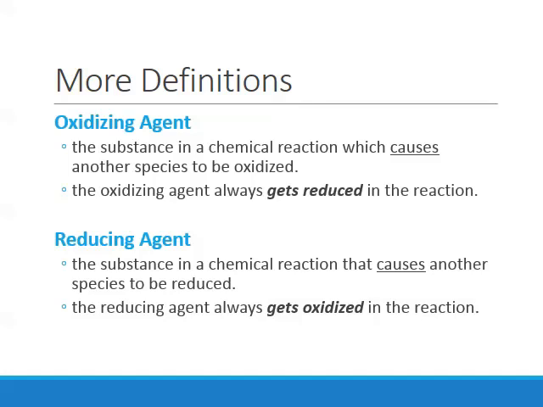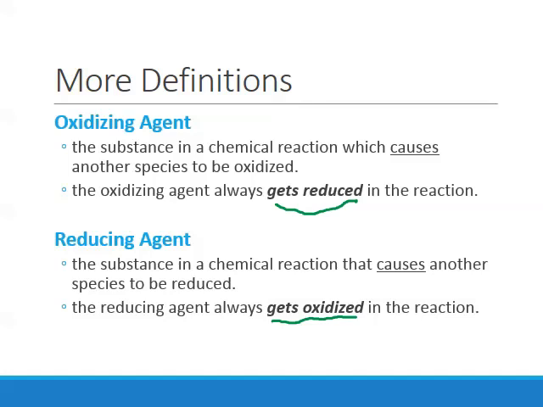Now, a simple way to identify the oxidizing agent is the idea that the oxidizing agent is what gets reduced. So within the reaction, if you know what's being reduced, that species is the oxidizing agent. The reducing agent, correspondingly, is the substance that causes something else to be reduced. And the way to identify it is that the reducing agent gets oxidized.